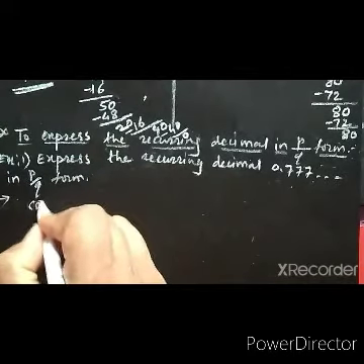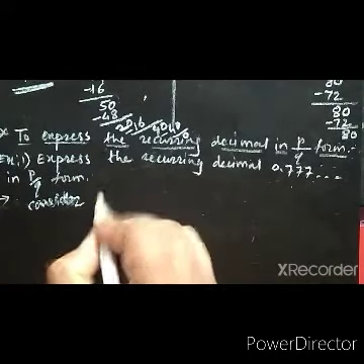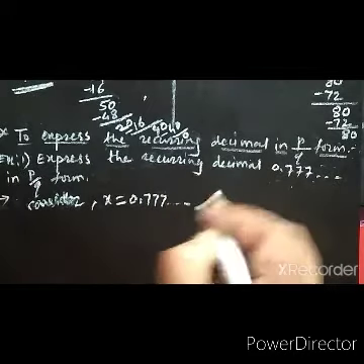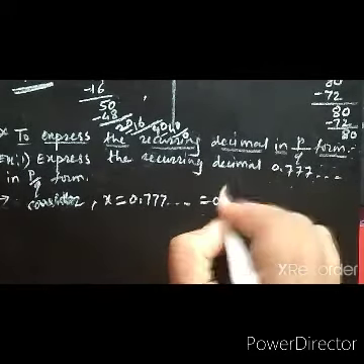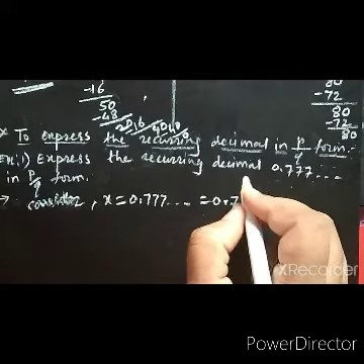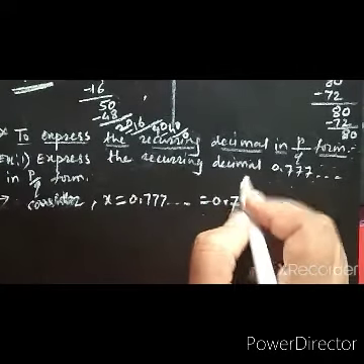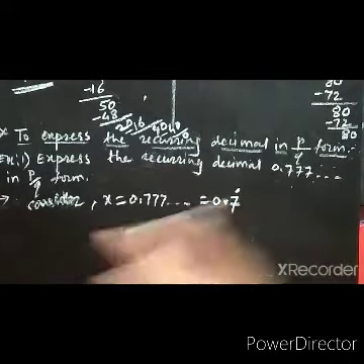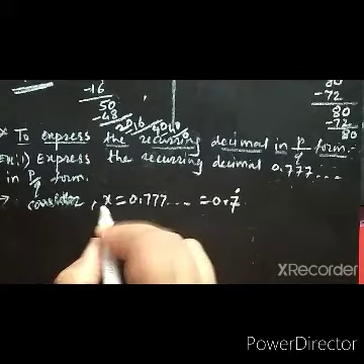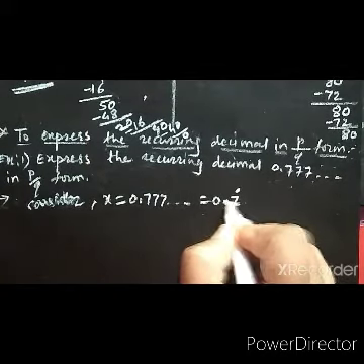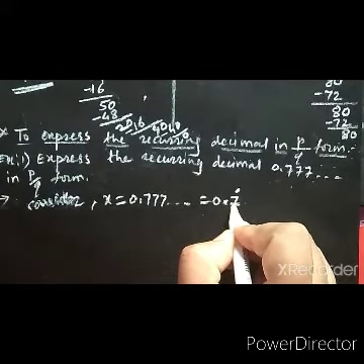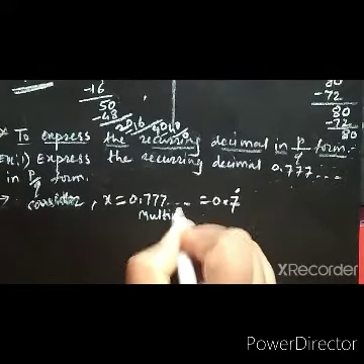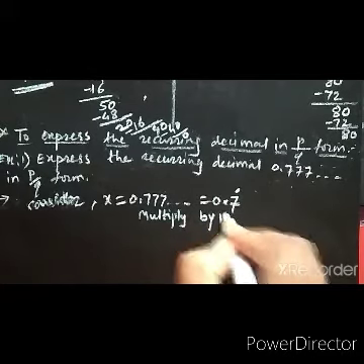So consider x is equal to 0.777 and so on. That is, 7 is coming again and again. Therefore it can be written as 0.7 dot. For one number we can put a dot. So here, after the point one digit is there, so we can multiply by 10 on both sides.